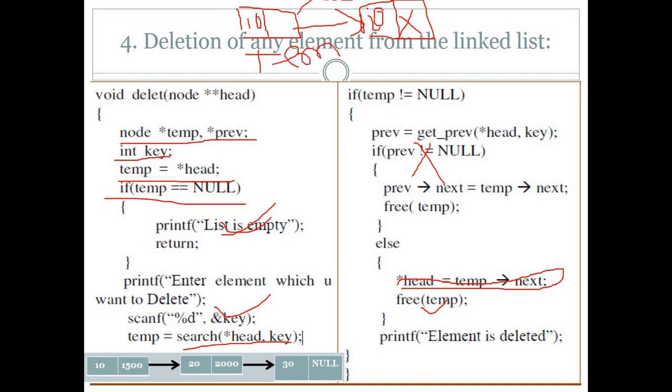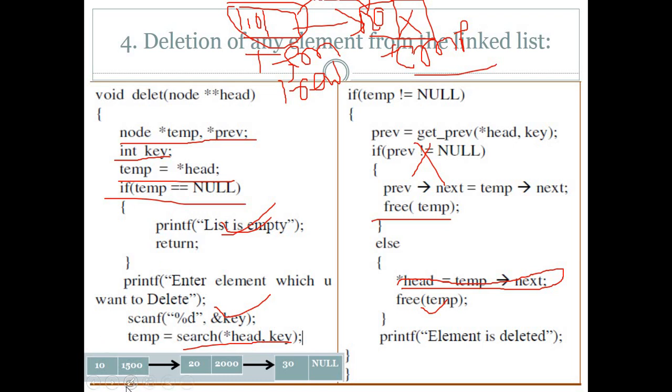After that we move to our key, and here we give this as previous, prev, and this will be the temp after moving here. So we will free the temp, and we declare the previous as the head node.